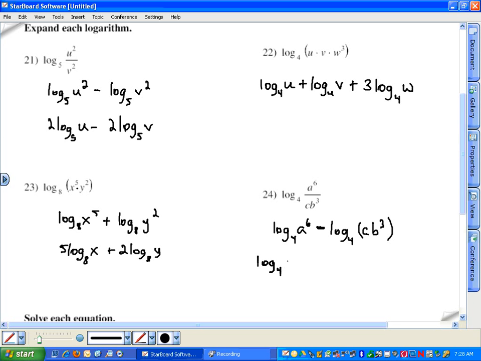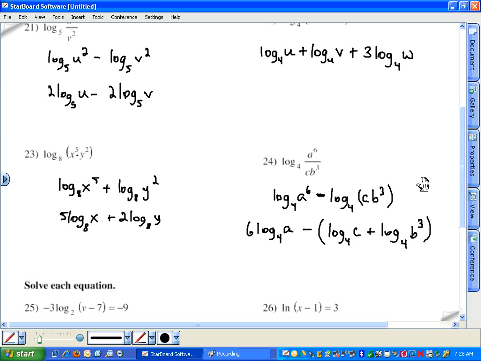Log base 4 of a, I'm actually going to move this 6 down to the front, so it's 6 times the log base 4 of a minus, since we're expanding this, but we need to still subtract the entire expression, this is going to be the log base 4 of c plus the log base 4 of b to the third. These parentheses are very important so that we subtract the entire expansion.